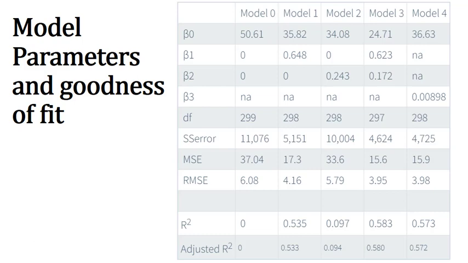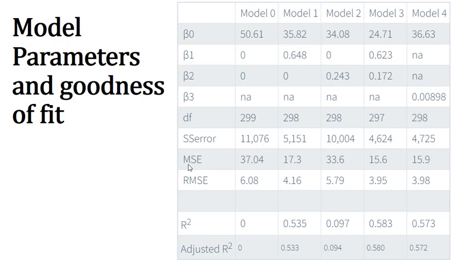So we've got 300 squared values, and what we have to do is to sum those, and that's the sum of square error of the model. So for model 0, that value is 11,076. This means that the error of the predictions of model 0 sums to 11,076.